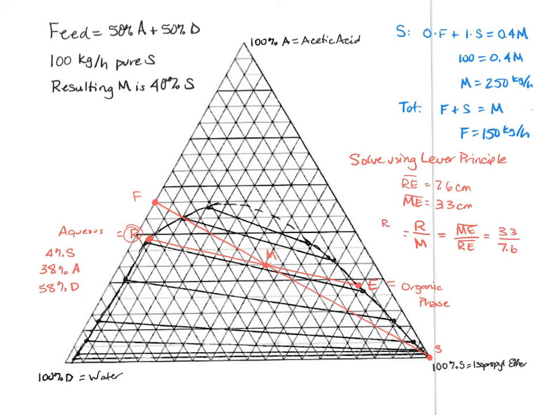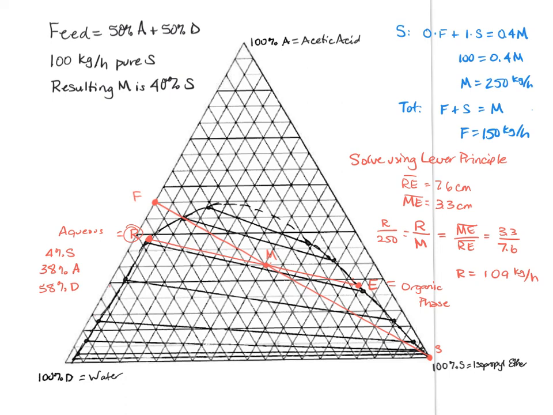This is R, my unknown, over 250. And so therefore R is equal to 250 times 3.3 divided by 7.6, 109 kilograms per hour.